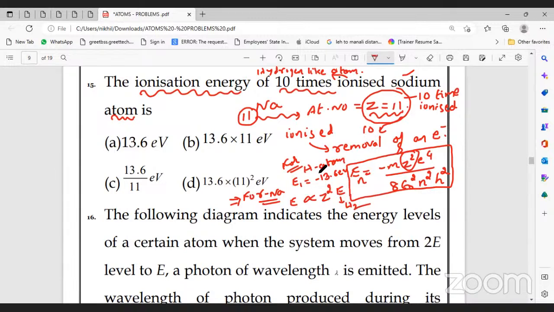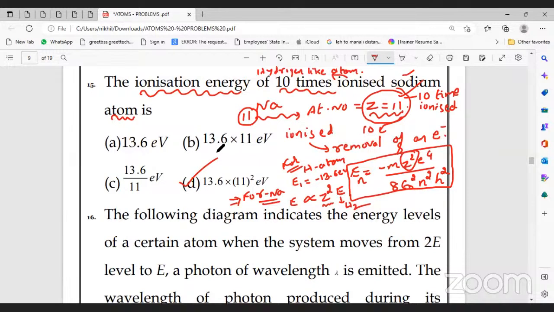So what is the energy in the hydrogen atom? It is 13.6 electron volt. For that, it is multiplied with Z squared.